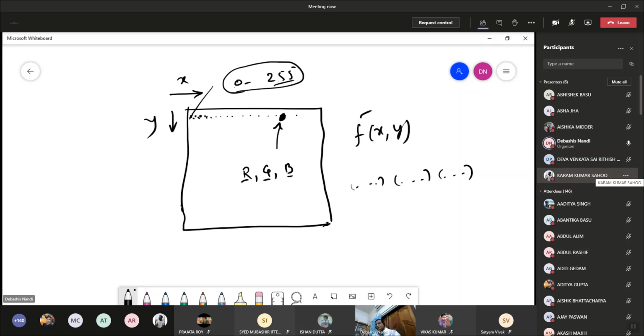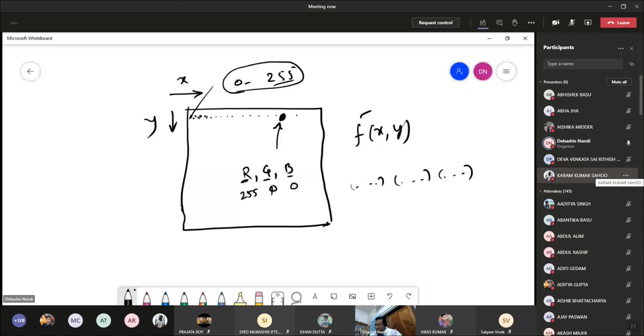We know that in color theory, any kind of color can be generated by mixing red, green, and blue colors in proper proportion. If R has the maximum value, for example 255, and G is 0 and B is 0, then this point represents the red pixel.